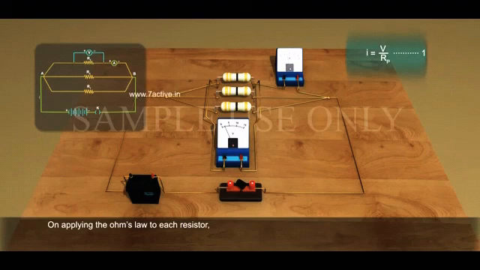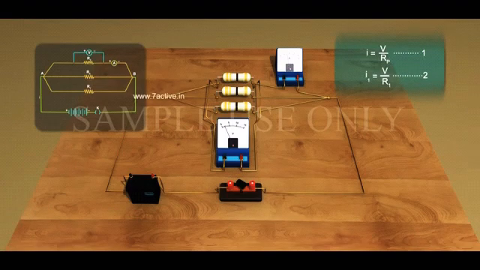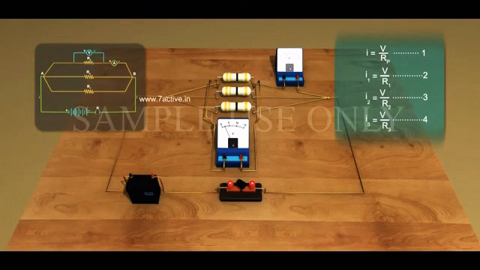Now applying Ohm's law to each resistor, we have I1 is equal to V by R1, I2 is equal to V by R2 and I3 is equal to V by R3.